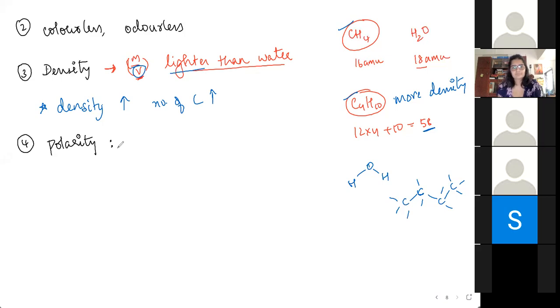In general, if you take any alkane, are they going to be polar molecules or non-polar molecules? They are all non-polar. So all of them will have zero dipole moment.